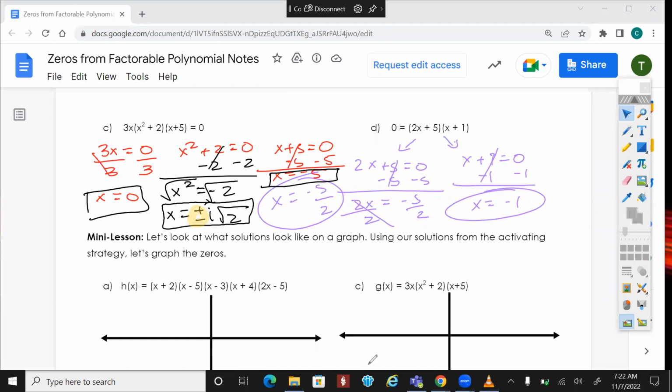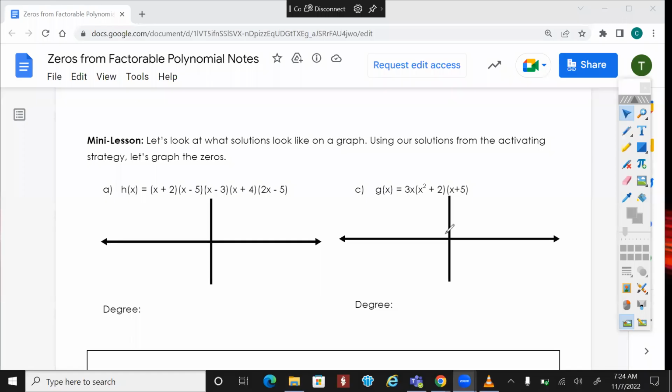I'll give you a second to finish writing that down before we start talking. Okay, so we're going to graph these, and this is from up above. We already solved all of these, so I'm going to do it pretty quickly. We're going to have a 0 at -2, 5, 3, -4, and 5 halves.